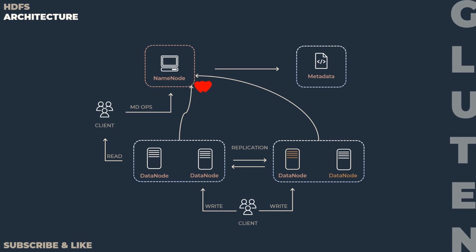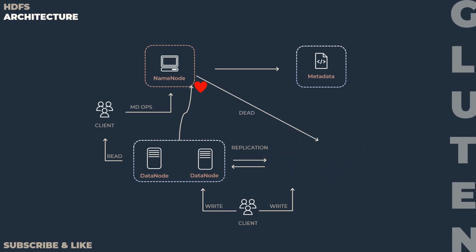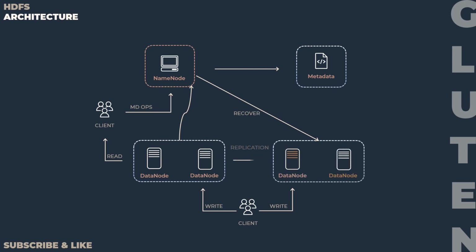If a data node fails to send a heartbeat within a specific time period, the name node assumes that the data node is down and marks it as dead. If a data node is marked as inactive, the name node starts the process of replicating the data stored on that data node to another node in the cluster to ensure data availability and reliability.